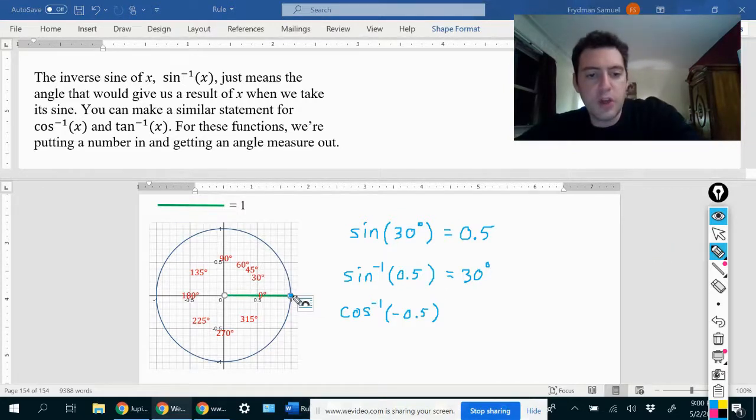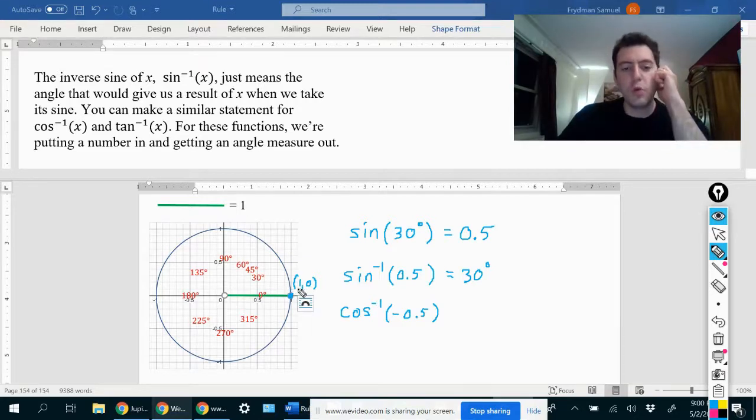When I'm talking about the cosine of this angle, in this case the angle is 0 degrees, I'm talking about the x value of the point where this line meets the circle. This point over here is (1, 0). So the cosine of 0 degrees is 1, because that's the x value of the point where this line meets the circle. What we want is negative 0.5.